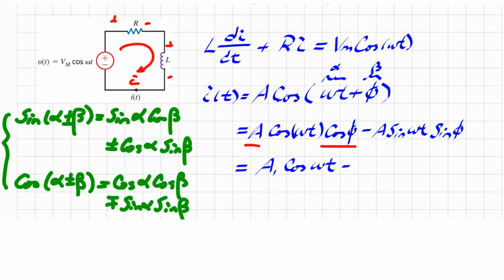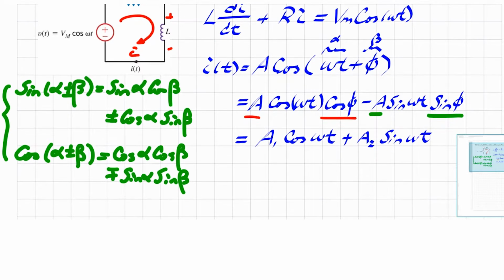And plus, because we don't know whether the number is negative or positive, it doesn't matter, A times sine phi is another unknown. We call this unknown A2, times sine omega t. So this is another way of expressing that.